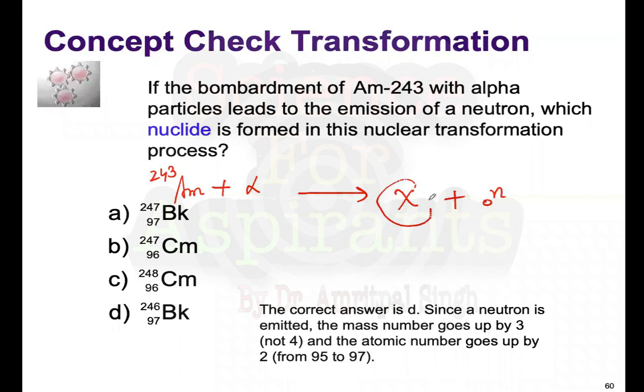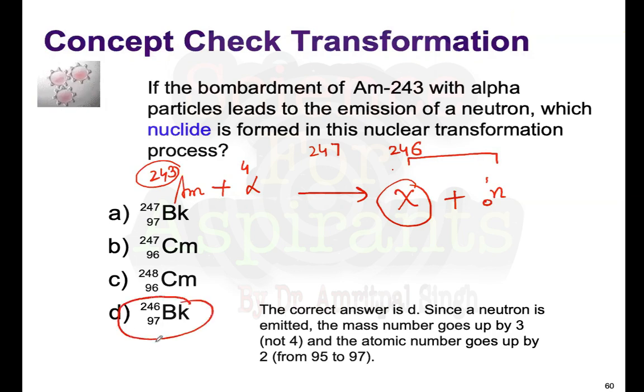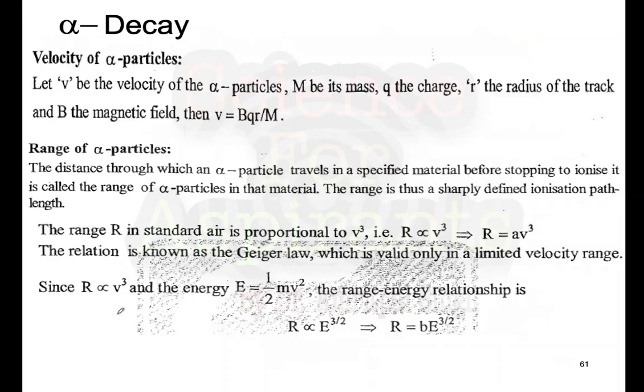What will be the value of X? Americium has 243 mass number, alpha has 4 mass number, so the total becomes 247. On the other side the total mass should be 247. The neutron has mass 1, so the nuclide should have mass number 246. This is formed with the BK element. So the correct option is option D.